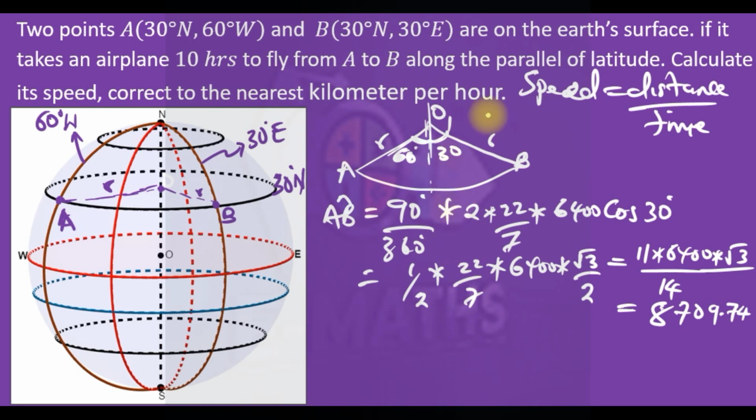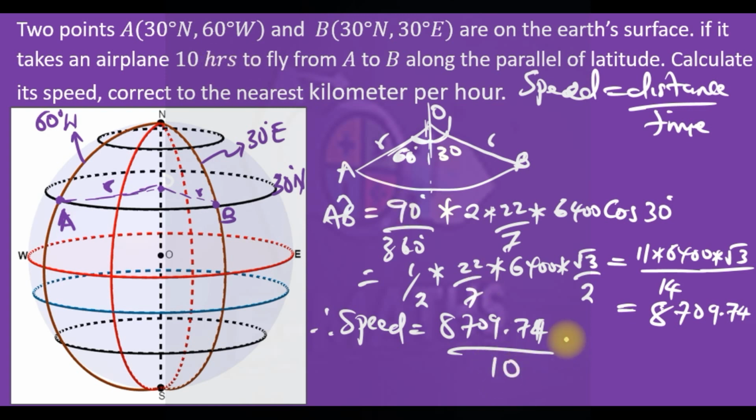kilometers. But remember, we're asked to find the speed, not the distance. Therefore, the speed is 8,709.74 over 10 hours.